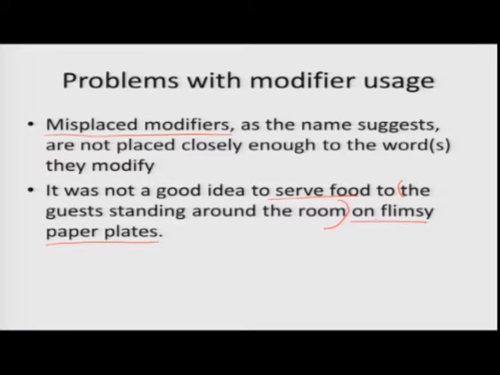So, the modifier here has been misplaced. Now, the solution is to take it and place it immediately next to what you wanted to modify. So, now you say it was not a good idea to serve food on flimsy paper plates to the guests standing around the room. So, that is how you correct mistakes with misplaced modifiers.